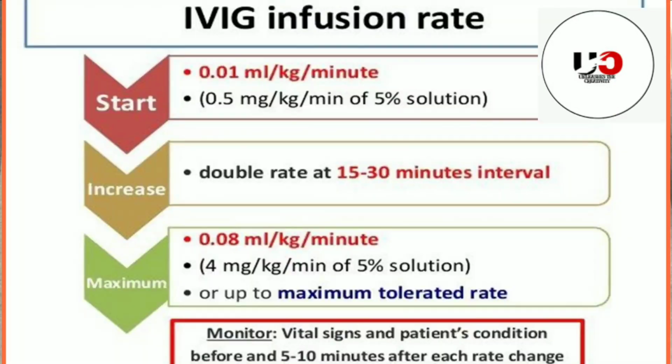Another important point is that during the entire infusion, the patient or child should be monitored with a cardiac monitor connected. If there is not much problem in the patient, at least take the vitals and check the patient's condition 5 to 10 minutes before and after each infusion rate change. That is very important.